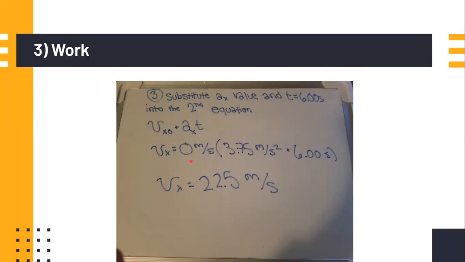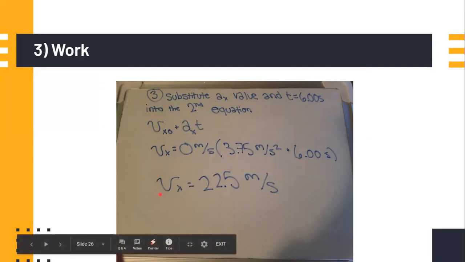We are assuming that the block starts out, the initial velocity is 0 meters per second. We know our acceleration, 3.75 meters per second squared, and we're solving for the velocity at t equals 6 seconds. We can do this, and we should get velocity in the x direction equals 22.5 meters per second.